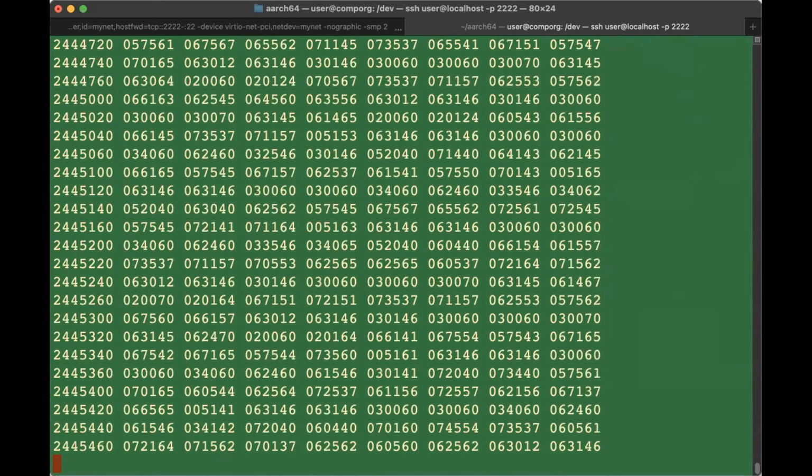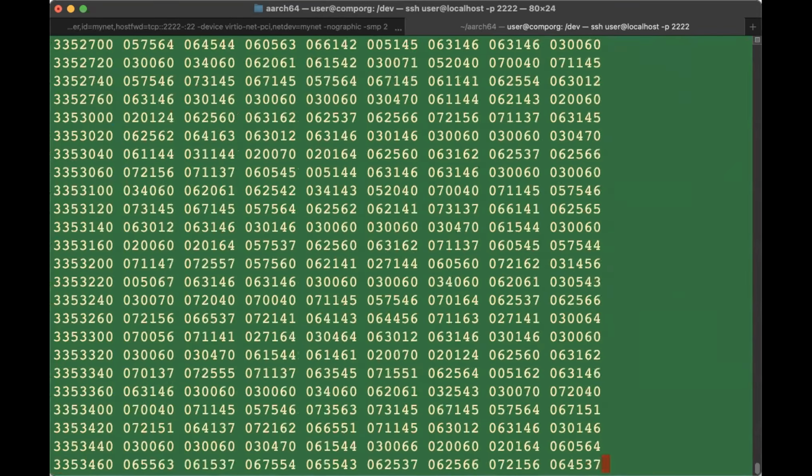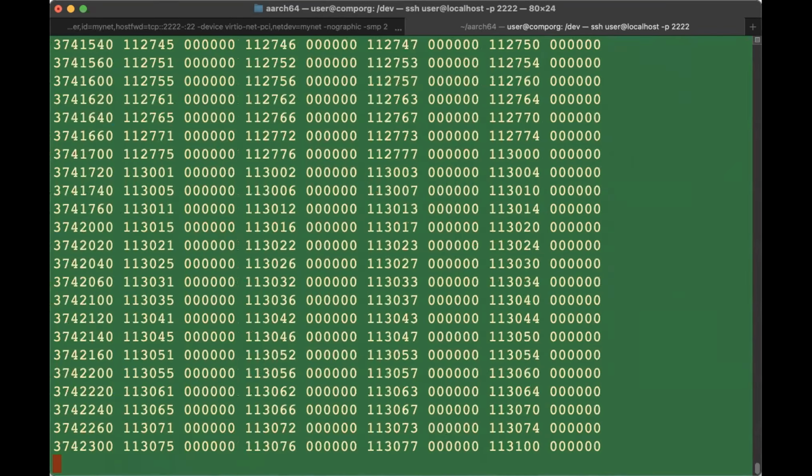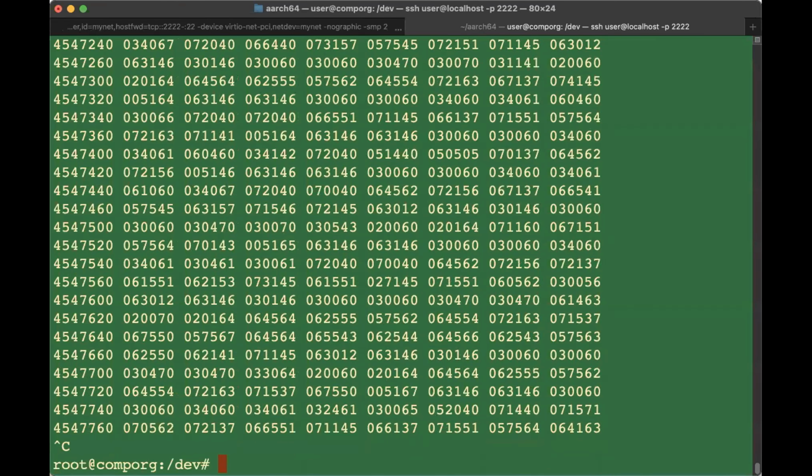Okay, so those are the bits on my hard drive. This will go on for a long time. Very usable and human readable. What format are those numbers in? They're not binary. Is that hexadecimal? Or octal? Do you see any Fs? I do not. Is it octal? Yeah, and that's why it begins with od. Octal dump.